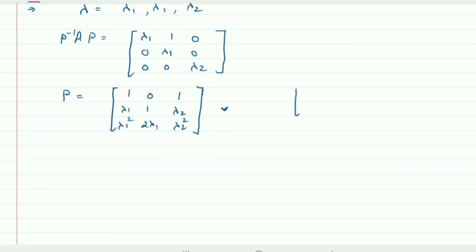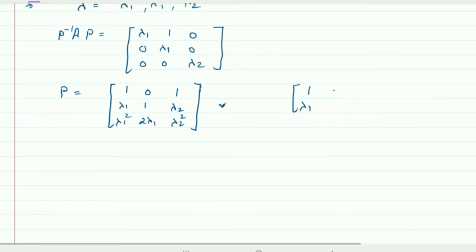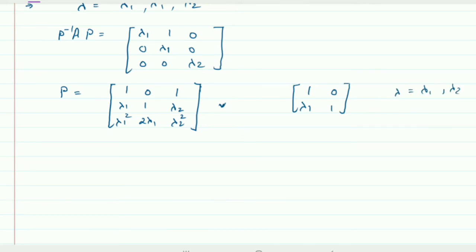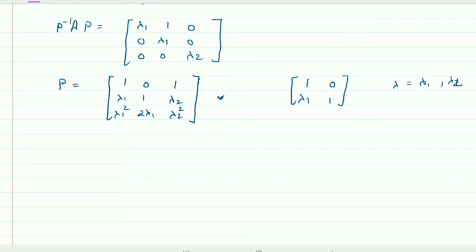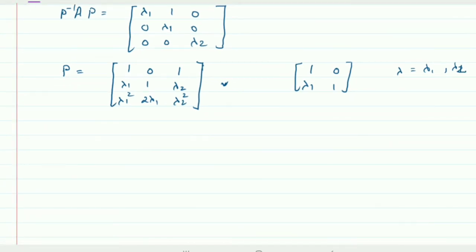Similarly, if you have a 2 by 2 matrix, the P matrix can be written as 1, lambda 1, 0, 1, if you have eigenvalues lambda 1 and lambda 1, both the same value. Similarly, you can also decide for higher order matrices.